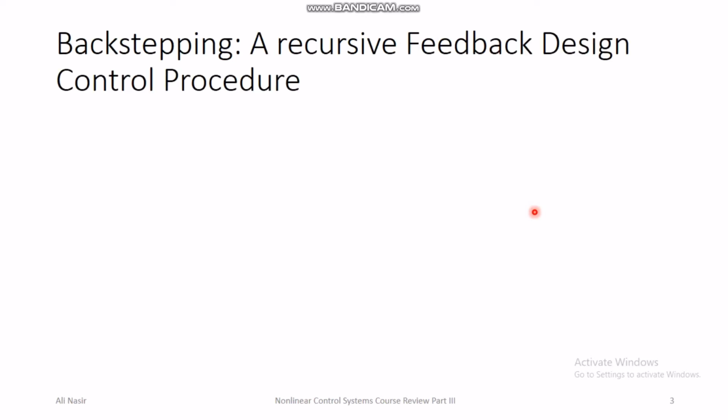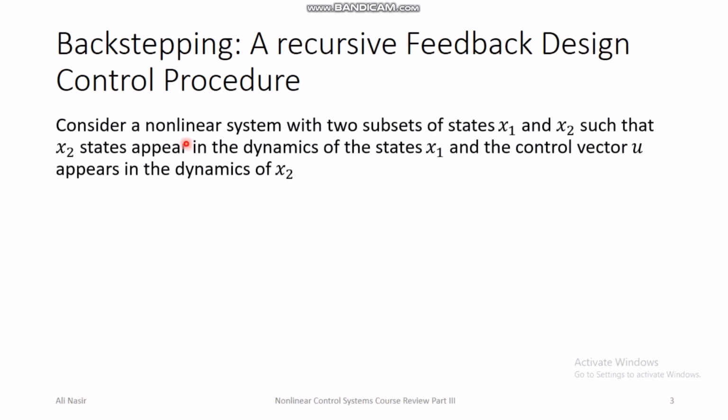Next is backstepping. Backstepping is a recursive feedback control design approach, in which you consider a nonlinear system with two subsets of states. One group of states is called x1 and the other group is called x2, and x2 must appear in the dynamics of x1.